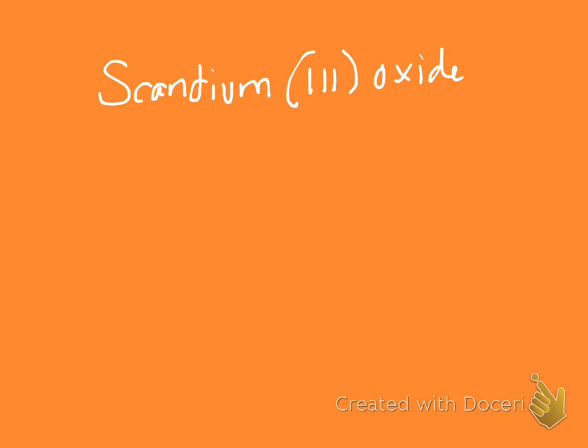Okay, so scandium-3 oxide. What would be the symbol for scandium-3? It's Sc 3+. And oxide is O 2-. That's our first step.